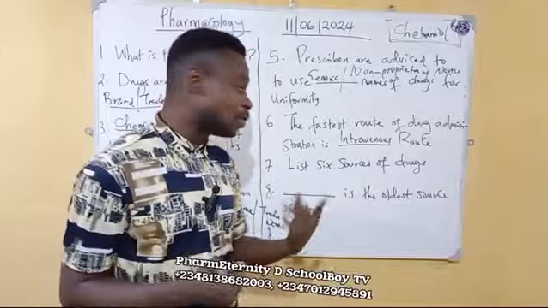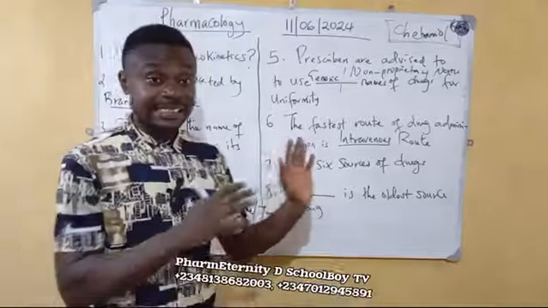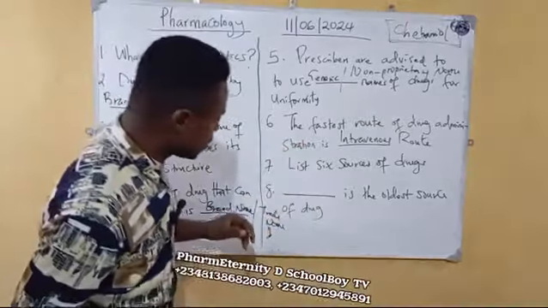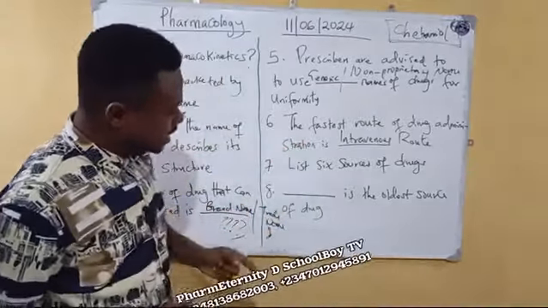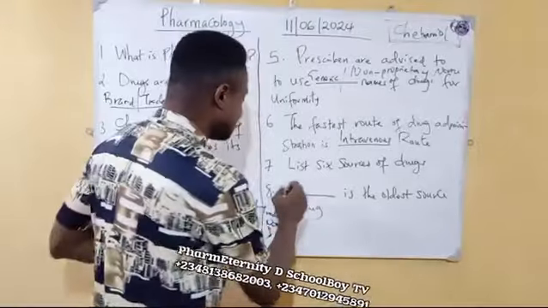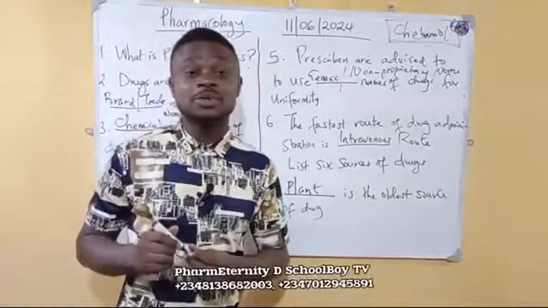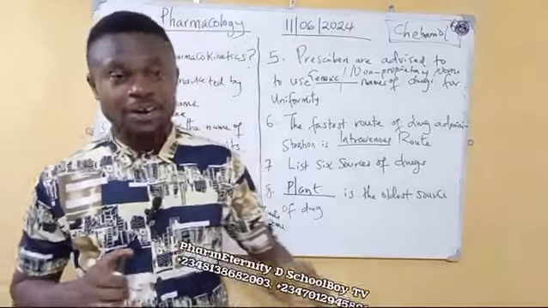When a question comes up that will require us to go deep into that, I'll do that. So I listed 7, but the question says 6. Number 8 says dash is the oldest source of drug. Plant is the oldest source of drugs.